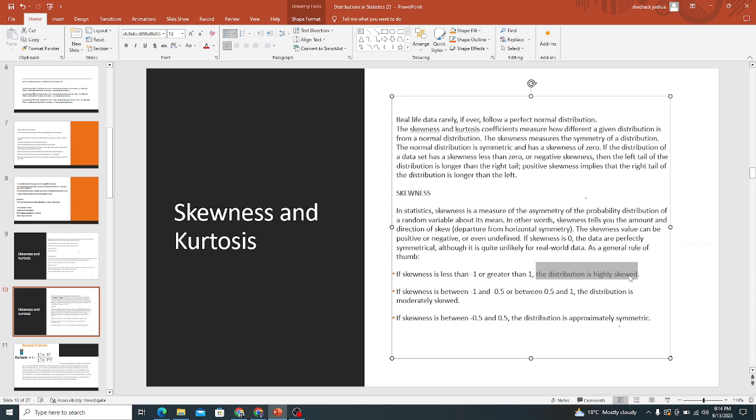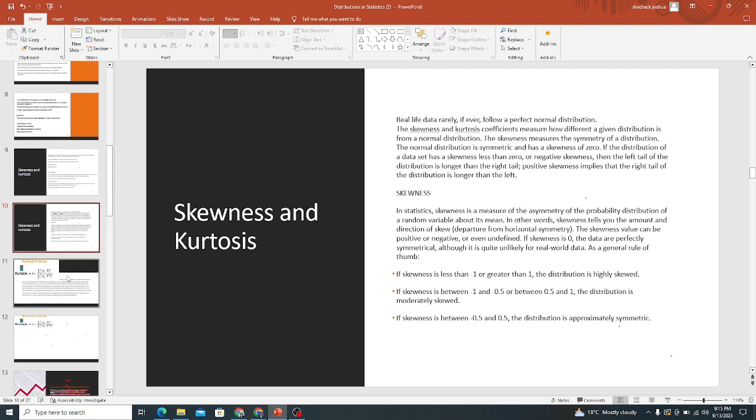If skewness is between -1 and -0.5, or between 0.5 and 1, we say the data is moderately skewed. If the skewness is between -0.5 and 0.5, then the distribution is approximately symmetric, or approximately a normal distribution.